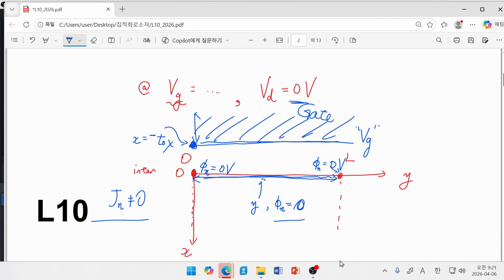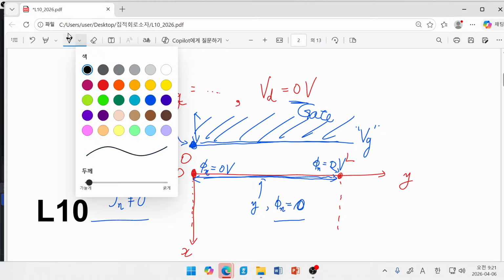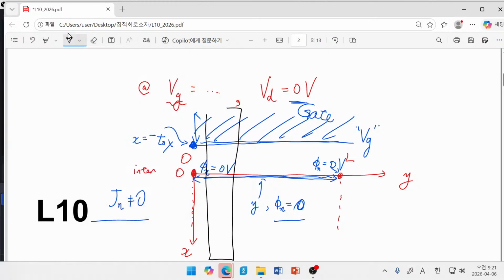It means that any point in this system is identical. We have just a one-dimensional problem. Although in principle we have y-directional variation, by applying just 0 volt to our system, or the voltage equal from source to drain, this channel becomes just homogeneous along the y variation.